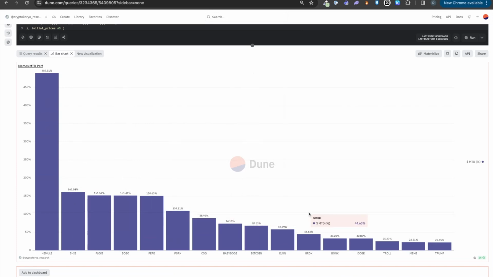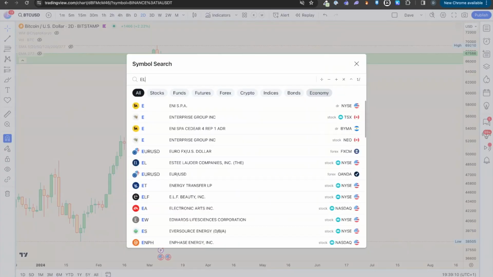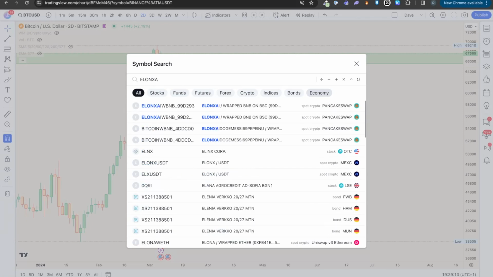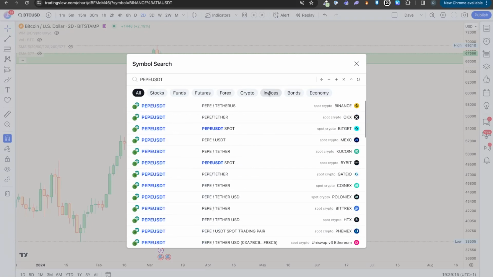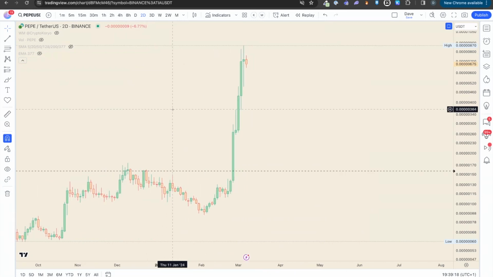Okay, and then you have to go on the entry side and on the trigger side, which is not the subject of this conversation here, this video. But just to give you an example, this is Pepe, for example, and you need a strategy, right, to enter and to buy and to sell.